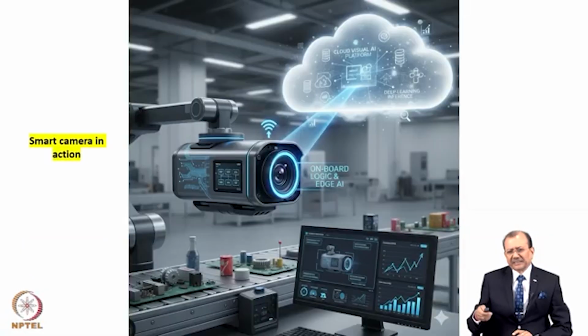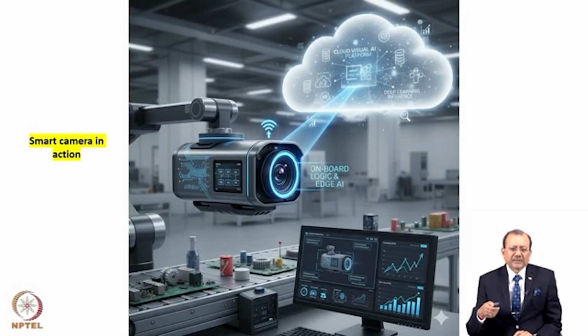And this is a simulated picture, thanks to Google Gemini, of what kind of function a smart camera has. I will not say this is a 100% exact picture, but it gives you a good feeling of how the smart camera has onboard logic, the way edge devices function.